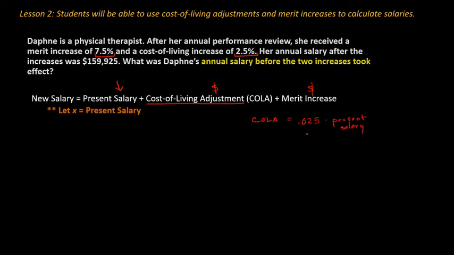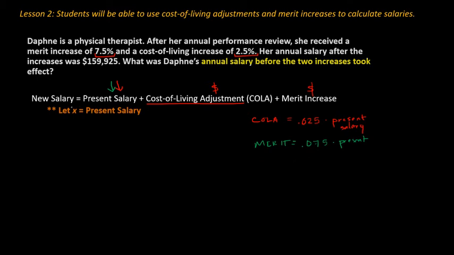And then you would do the same thing with merit increase. For merit, they told us it is a 7.5% increase, so they're increasing your present salary by 7.5%. That looks like this: convert 7.5 to a decimal, 0.075, times that present salary. This is how you get the dollar amounts for each of these.